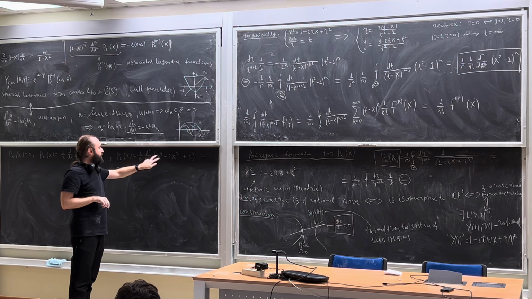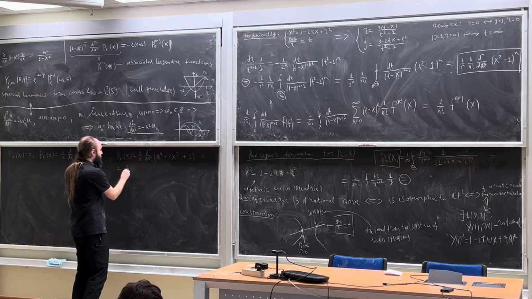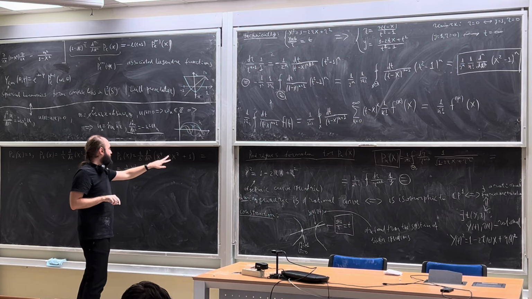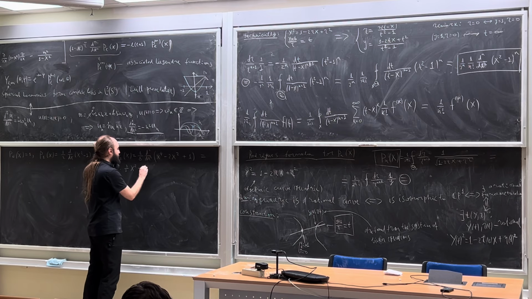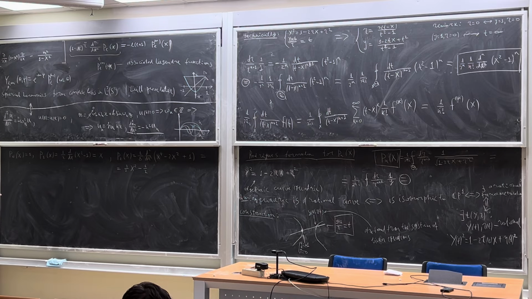Here we differentiate twice and we get 3 over 2 x squared minus 1 half. And so on.